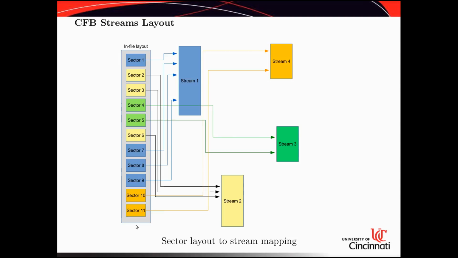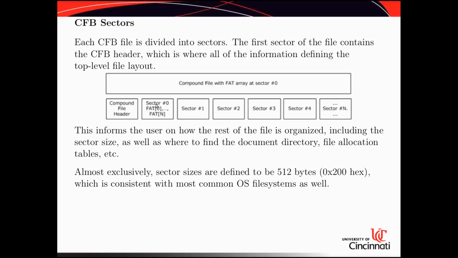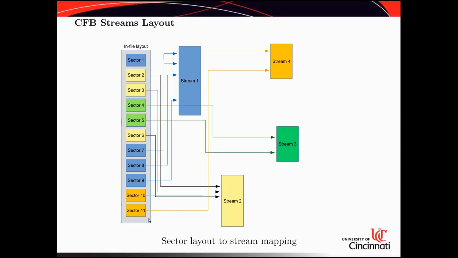Then it would edit the contents here where I've got the arrow, sector number 0, the file allocation table, to make sure that the mapping is present. So really I edited 3 sectors of the file, and a 4th sector if I was adding data, and I didn't touch any of these here, and I also didn't touch either of these. I only touched the sectors that were part of the data I was working with.